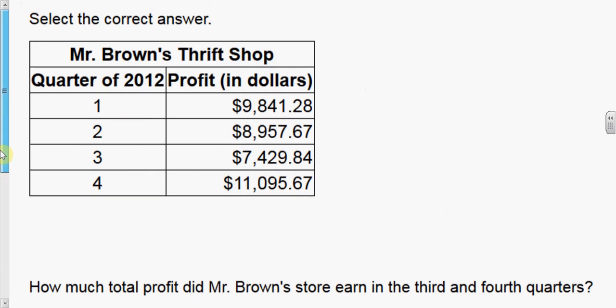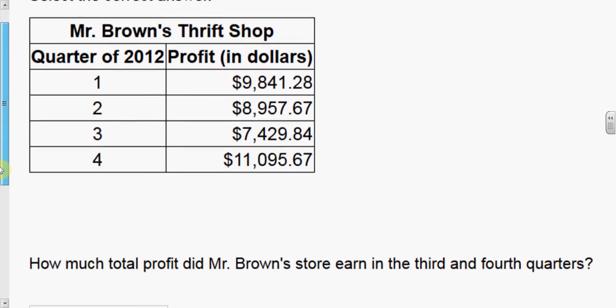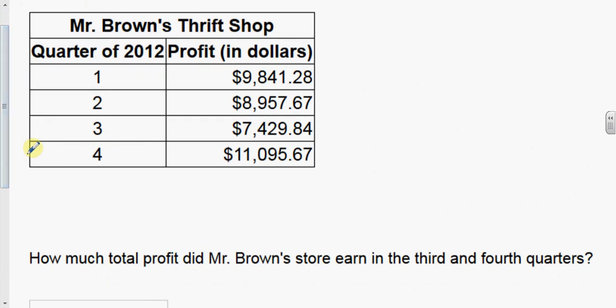So Mr. Brown's thrift store shop, he has the year of 2012 broken into quarters. And for each quarter, there's the profit. How much total profit did Mr. Brown's store earn in the third and fourth quarters? So what we're going to do there is just add what he made in the third and fourth quarter.